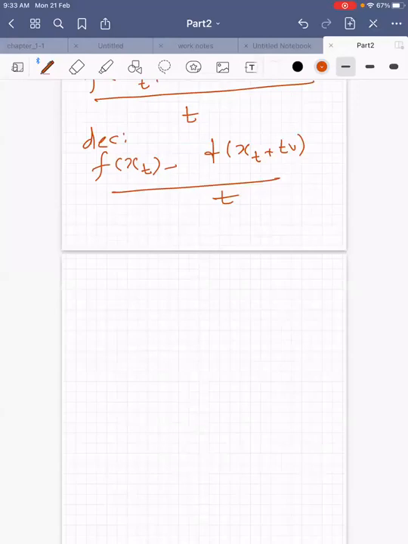If I take the limit t tending to zero, this is the negative rate of change in the direction v.